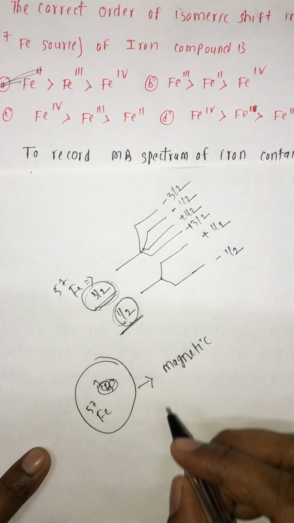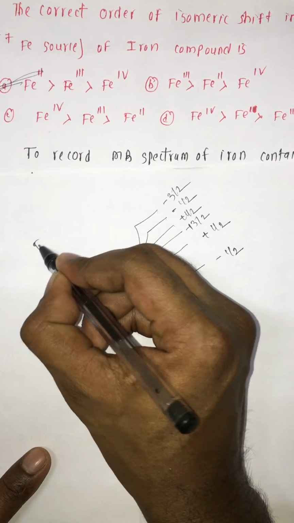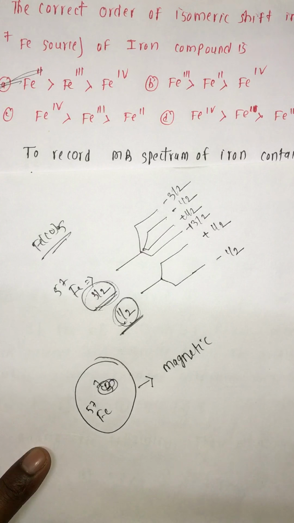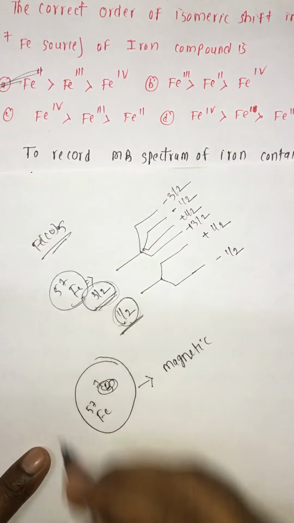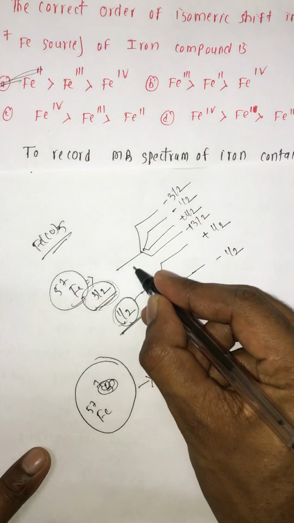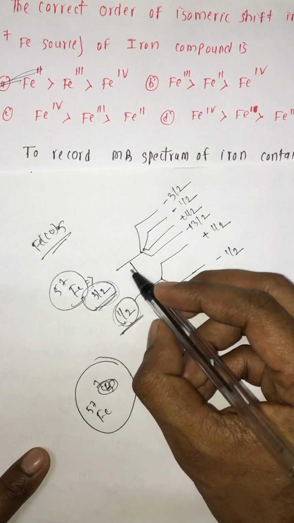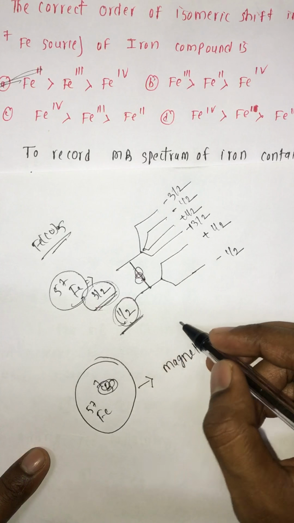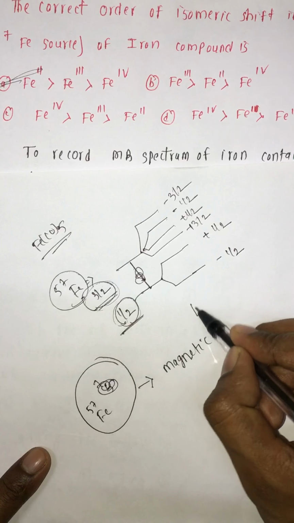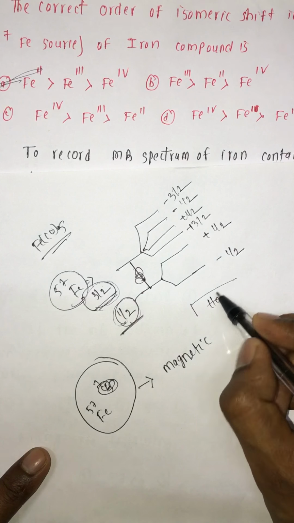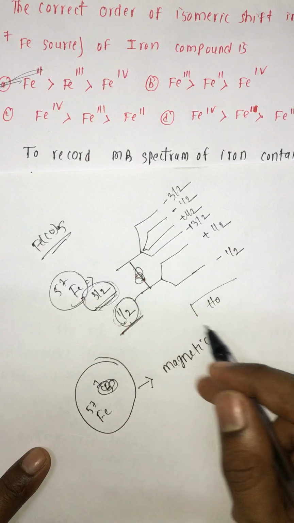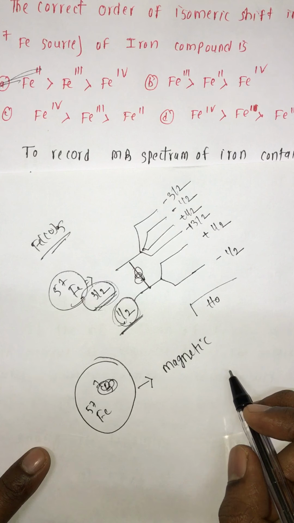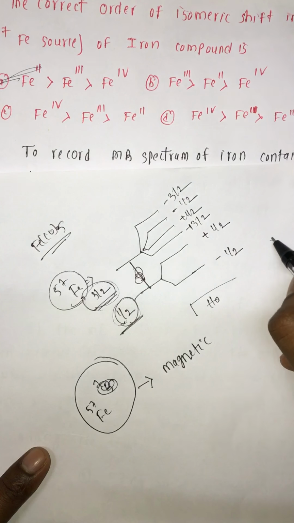Originally when we recorded the Mössbauer spectrum of Fe(CO)5, where the nucleus is iron-57, we got only a simple spectrum. After keeping it in the magnetic field, splitting happens, so finally we will end up with 6 lines.